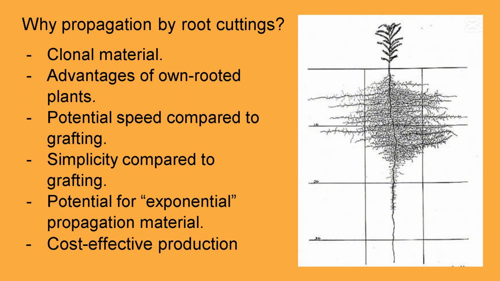Some advantages of root cuttings: it's clonal material. It's far faster than grafting because you're just taking a piece of root and putting it in the ground, or in a pot. It's that simple. And a big one for us is the potential for exponential propagation material, a model put forth when they were doing this previous research.